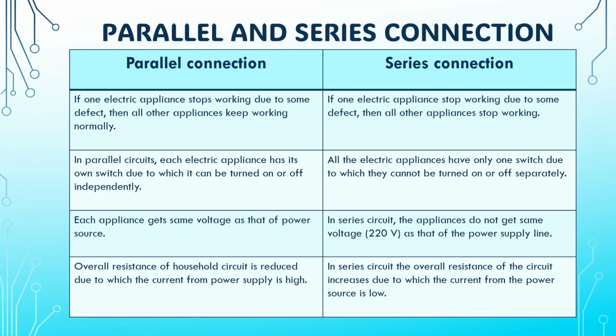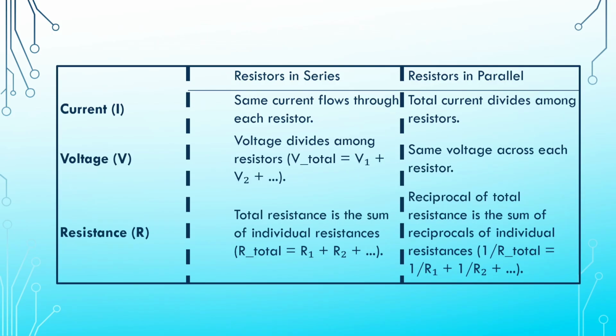So let's see the difference between resistors in series and resistors in parallel, for current, voltage and resistance. If the resistors are in series, the same current flows through each resistor, but the voltage divides among the resistors, that is the total voltage V is equal to V1 plus V2 plus V3. The resistance is the sum of the individual resistances, R1, R2, R3.